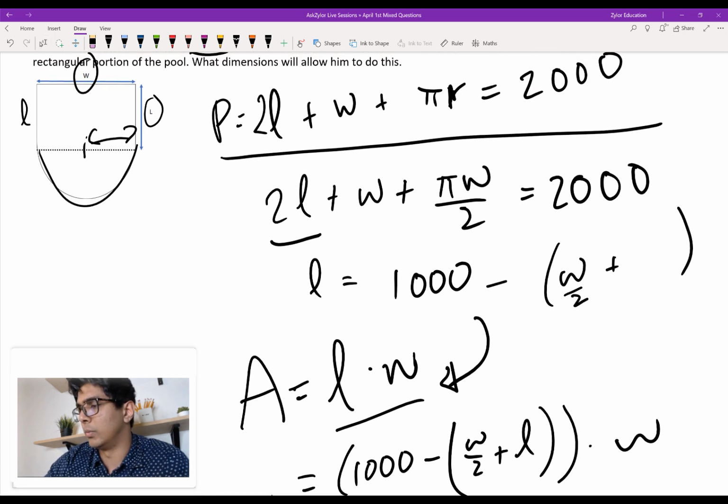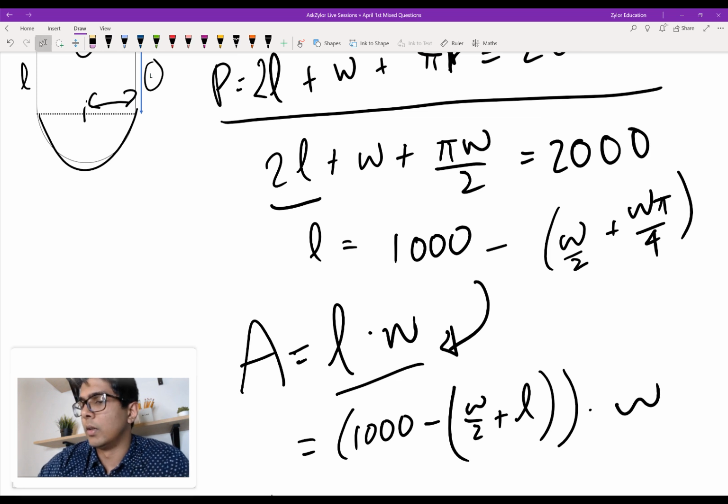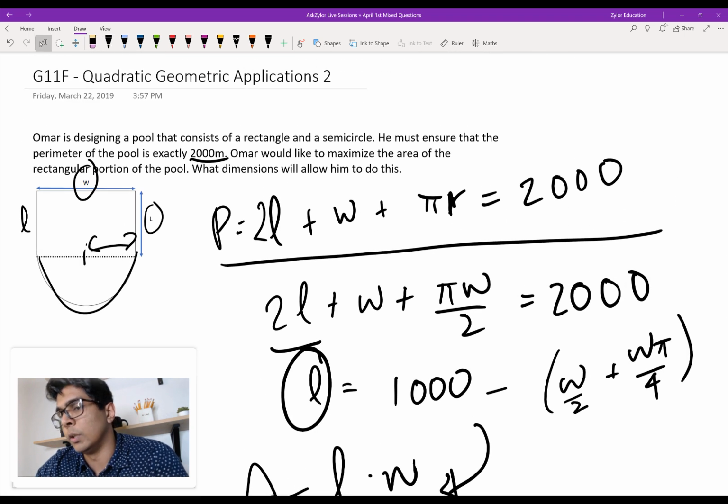Sorry, this should be pi. So what I'm doing in this case is just isolating for my length. This question is dealing with quadratic geometric applications.